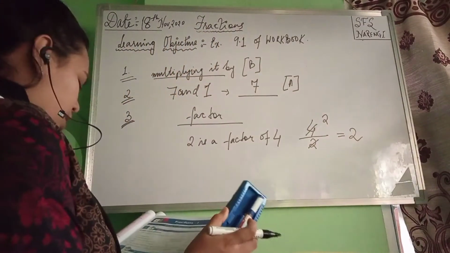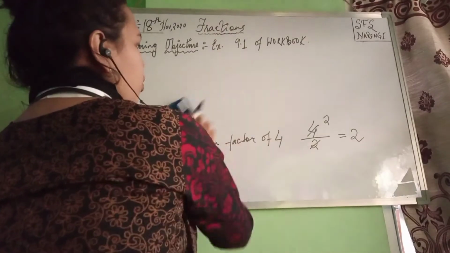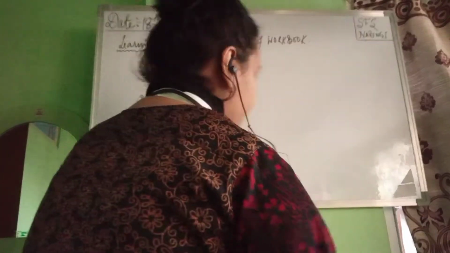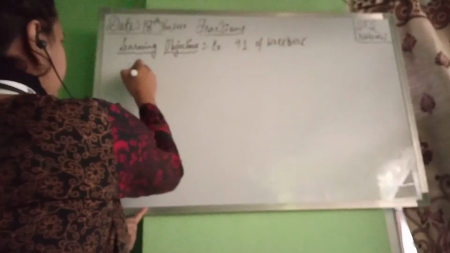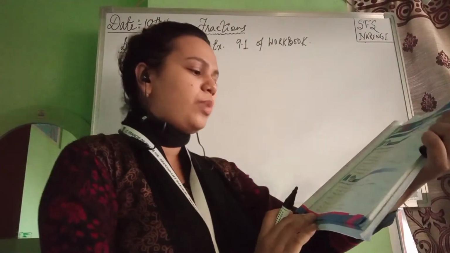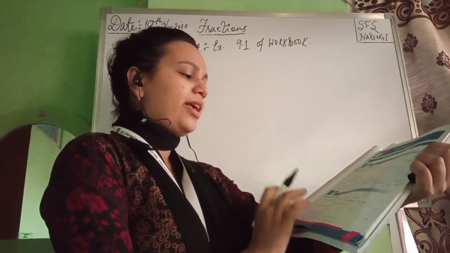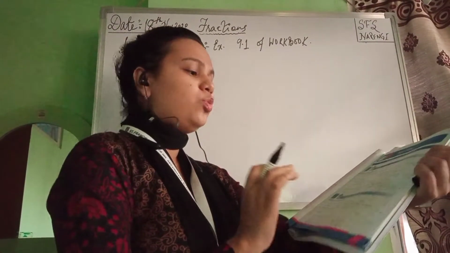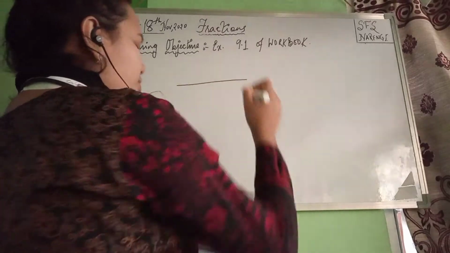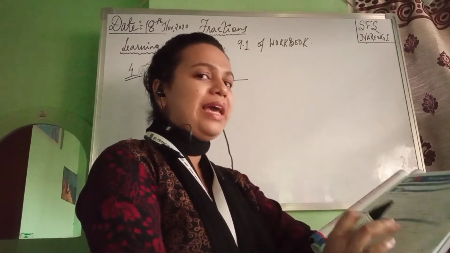Okay, so let us go to question number 4. Let me rub this off and go to question number 4. Again, it is a multiple choice question, and the question is to check if two fractions are equivalent. What do we do, children? The options are divide, equate, cross multiply and multiply.